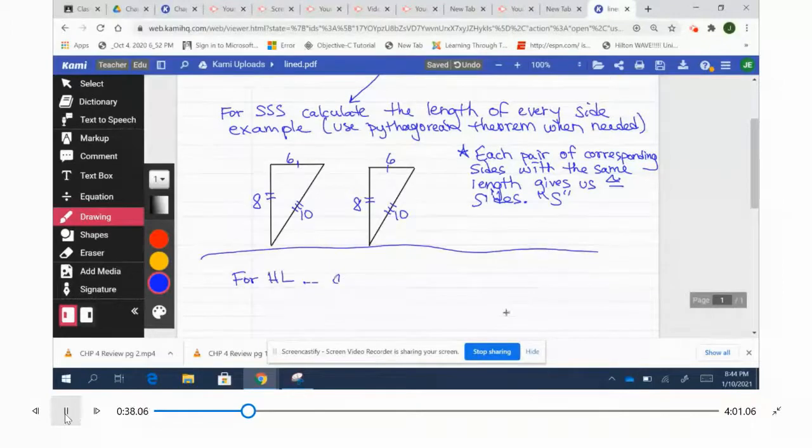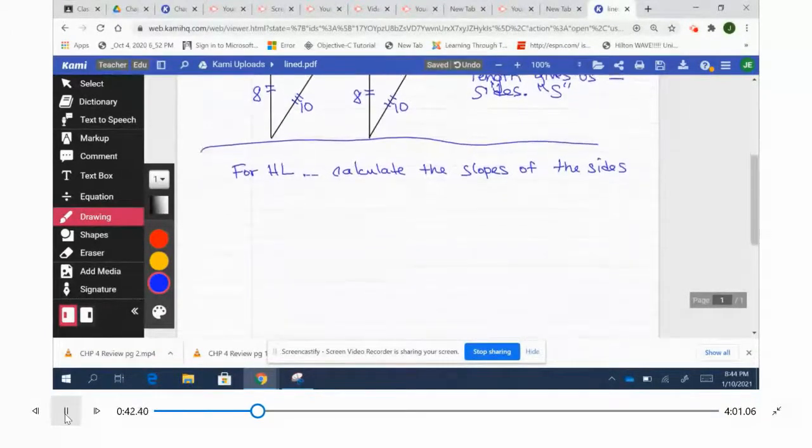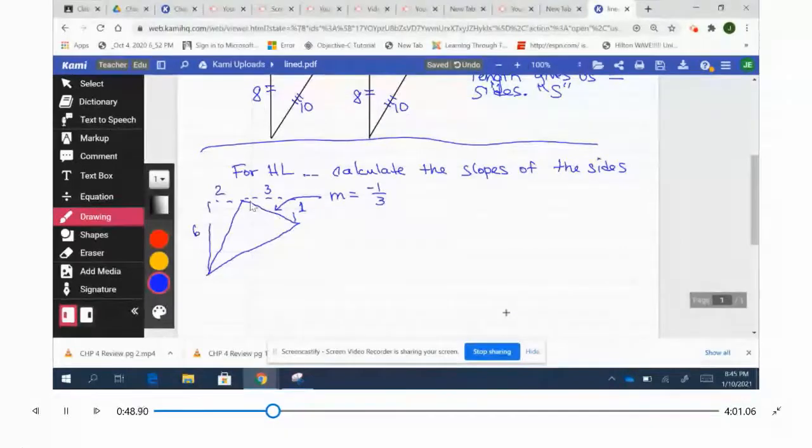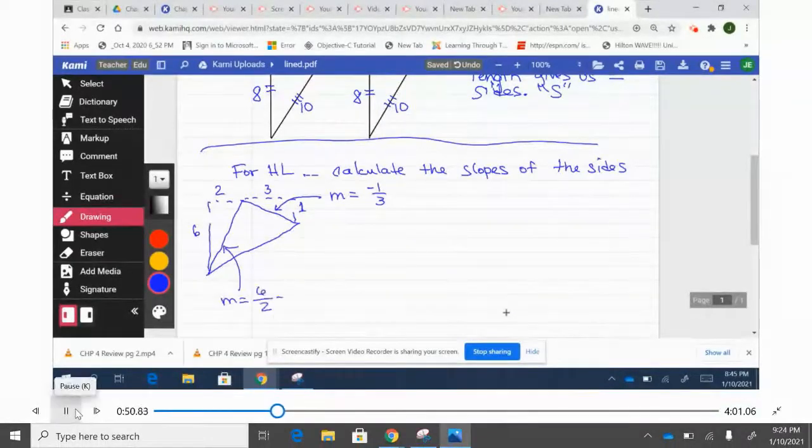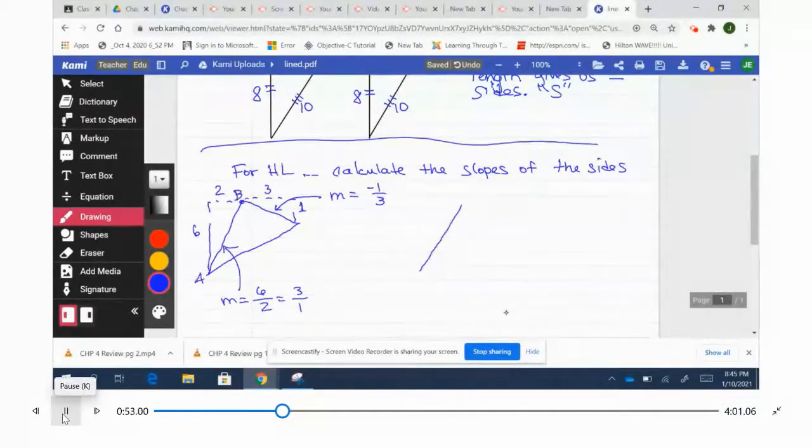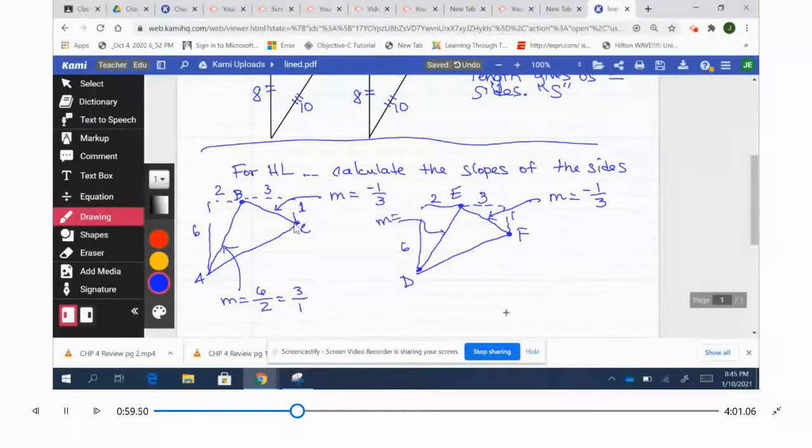All right, now for hypotenuse leg, much more involved. First, you have to establish a right angle. On graph paper, we do that through slope. So what I have here is an example on a graph. From B to C, I would count over 3 and down 1.